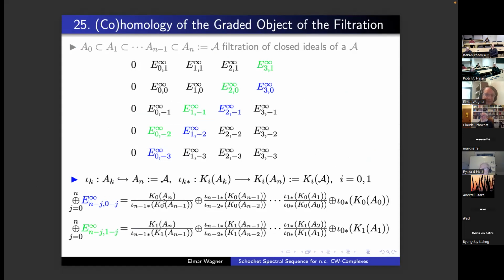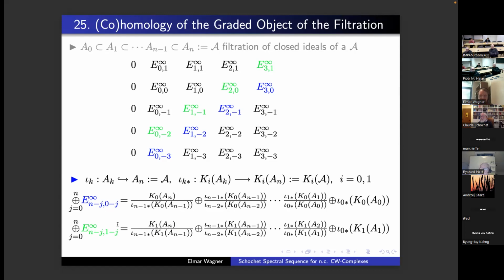If we sum up all these K0 groups, what we get is a corresponding quotient. The extension problem doesn't disappear, but we do get information about the K0 groups of the associated graded object of the filtration. And K1 is just the same.